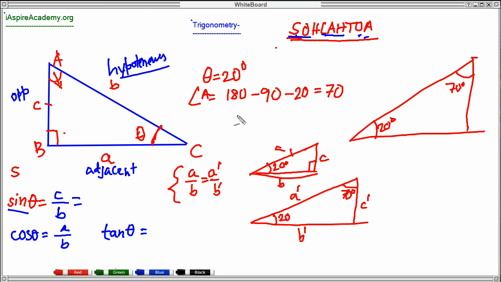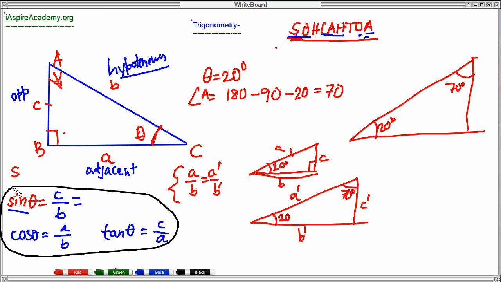O is opposite, which is C, and A is adjacent, which is A here. So now let's look carefully again. These are the main formulas of trigonometry: sine theta, cosine theta, and tan theta.